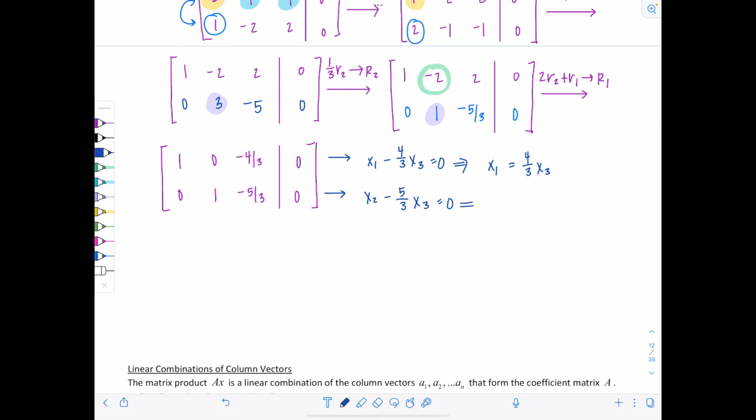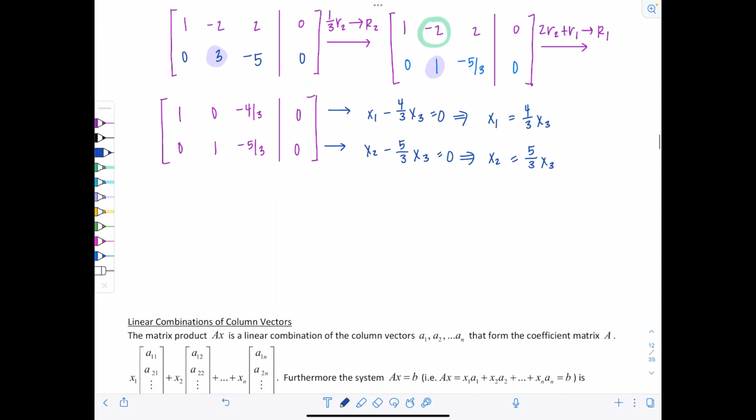I'm going to solve for x2. It's furthest on the left. And we get 5/3 x3. So we've got one free variable, x3. I can write my solution, the ordered triple, x1, x2, x3, all in terms of x3, right? Did you notice that? So x1 is 4/3 x3. Then we have 5/3 x3, and then x3.